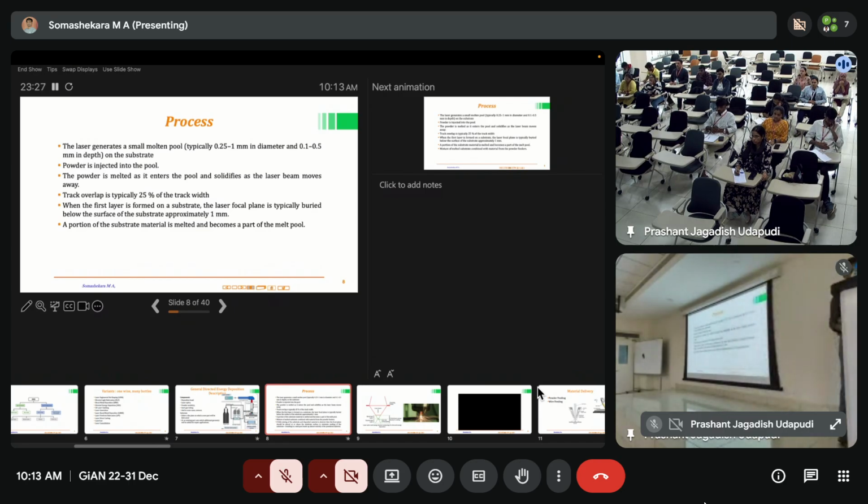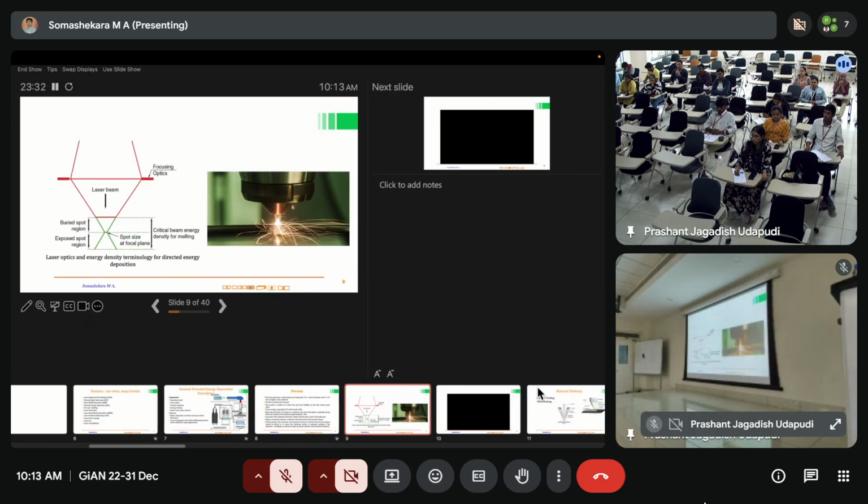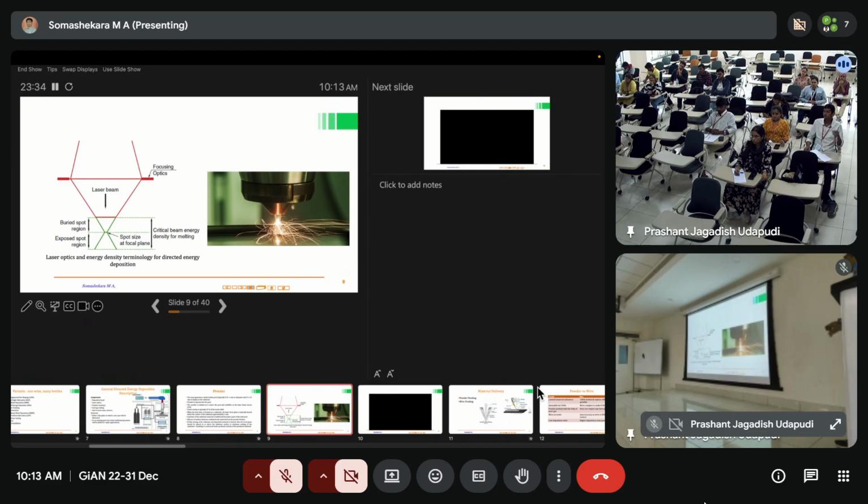When it comes to the technology, this is how you will see the beam coming and interacting with the powder, right? Think about this as your laser, this is the focusing point, and this is the region.